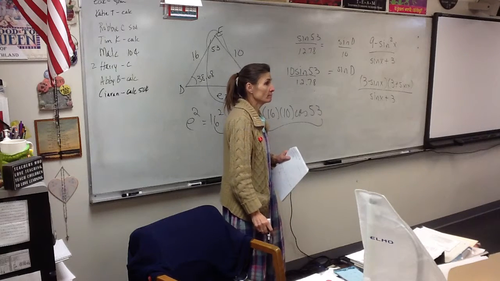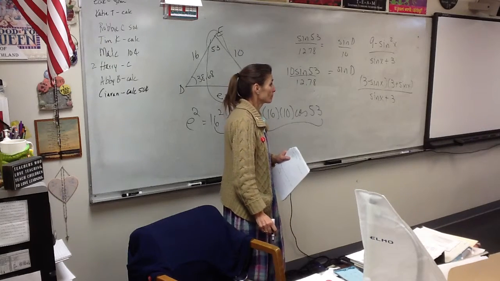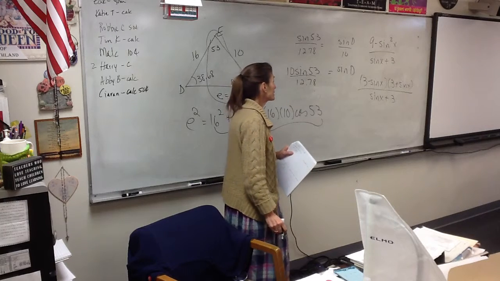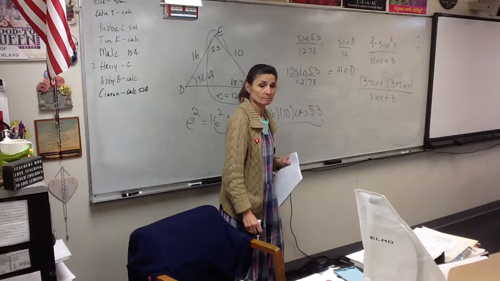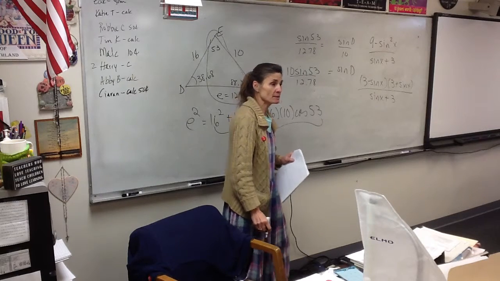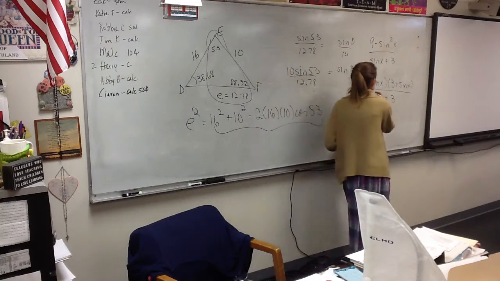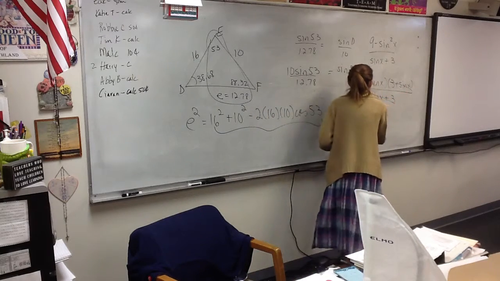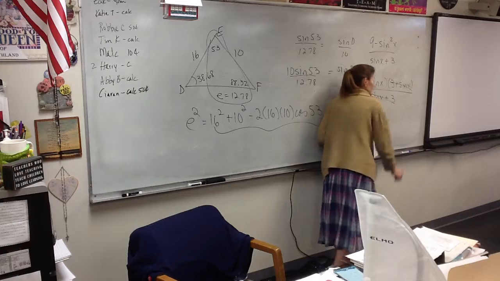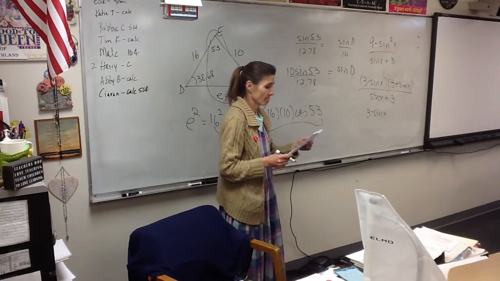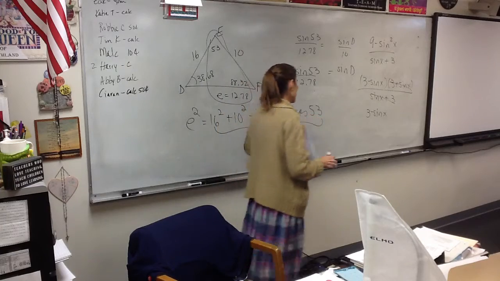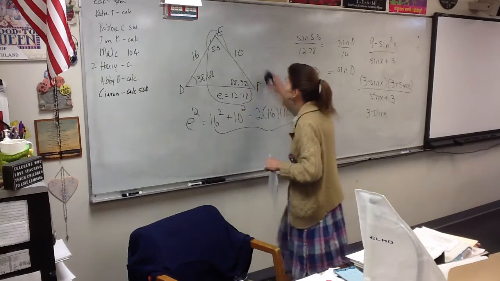What are you looking for, Jack? 3 plus sine, 3 minus sine. Now what happens? Now we can cancel. So our answer is 3 minus sine x. Maya Brown, does that make any sense to you at all? Yeah.